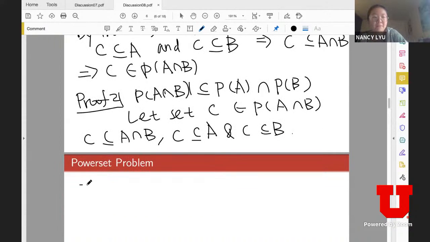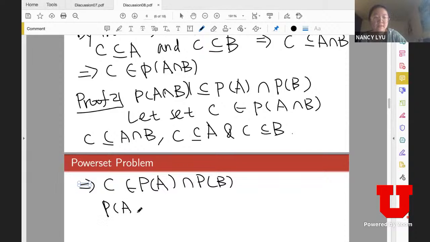Now this implies that C is in the intersection of power set A and power set B. And then we can conclude that this is true.